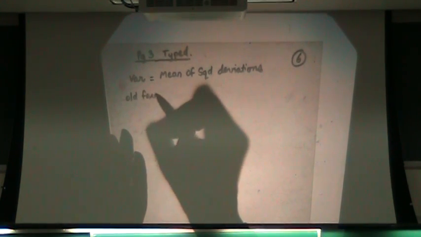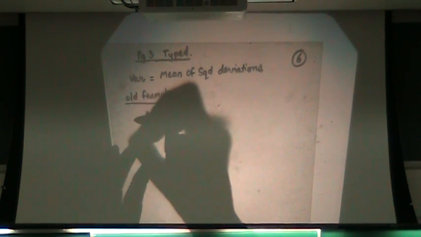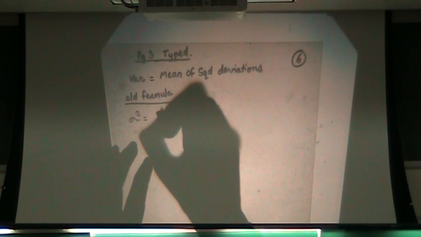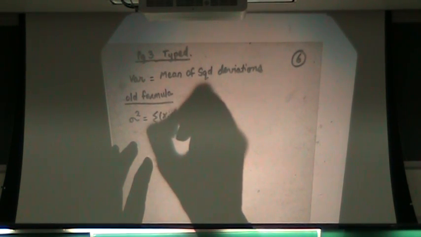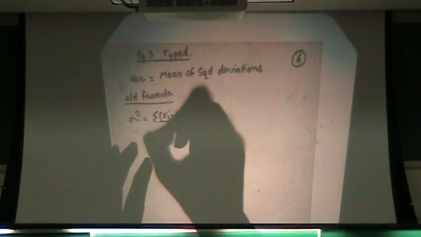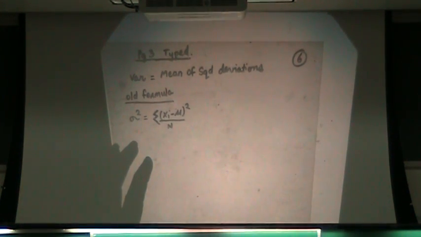The old formula for variance used to be sigma squared equals the summation of xi minus mu squared over n. Yeah, remember that?